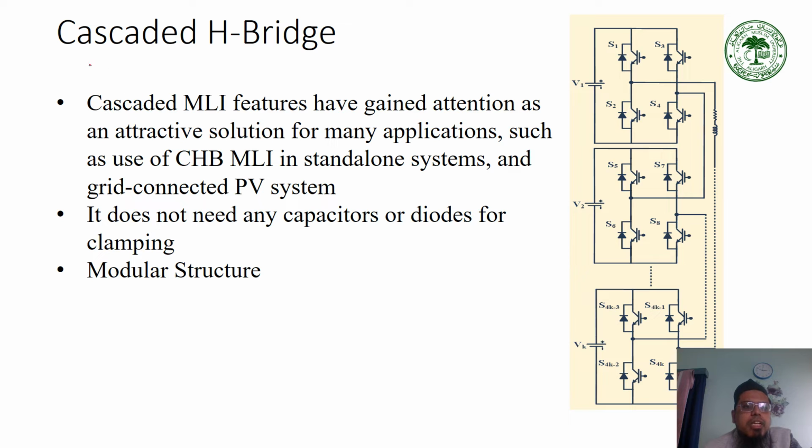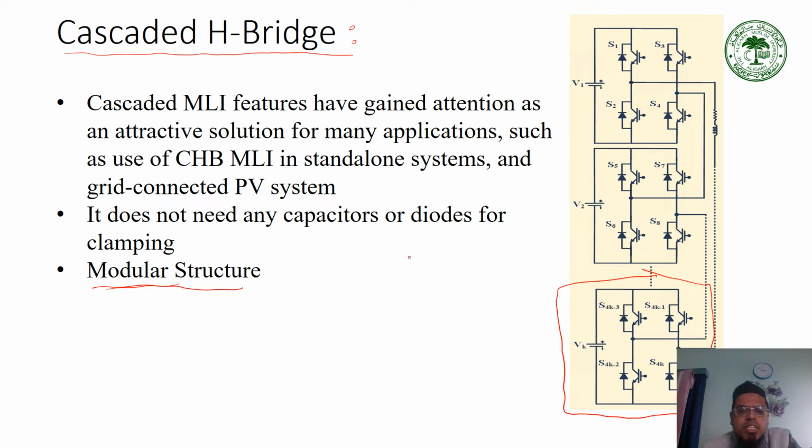We will be taking up one of the configurations, and we have taken the cascaded H-bridge multi-level inverter for our study. Since it has a modular structure, as I told you, you can just add one unit of CHB to the existing configuration and enhance the rating and consequently the number of levels also.